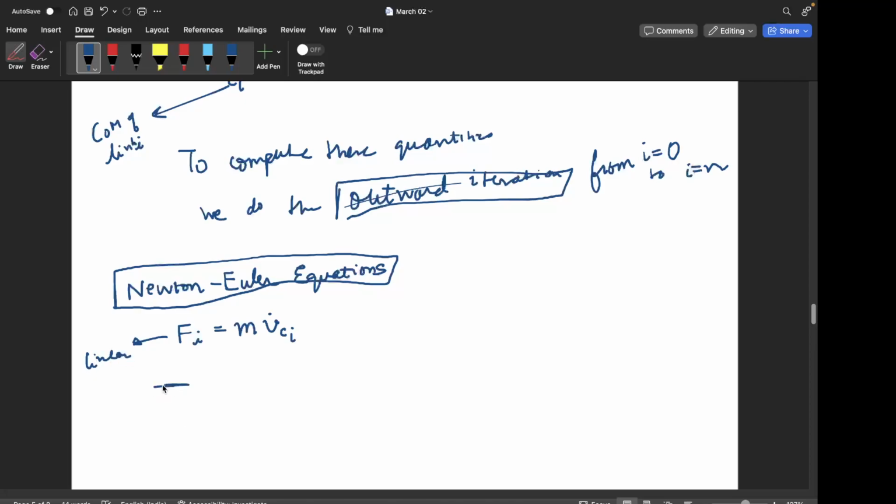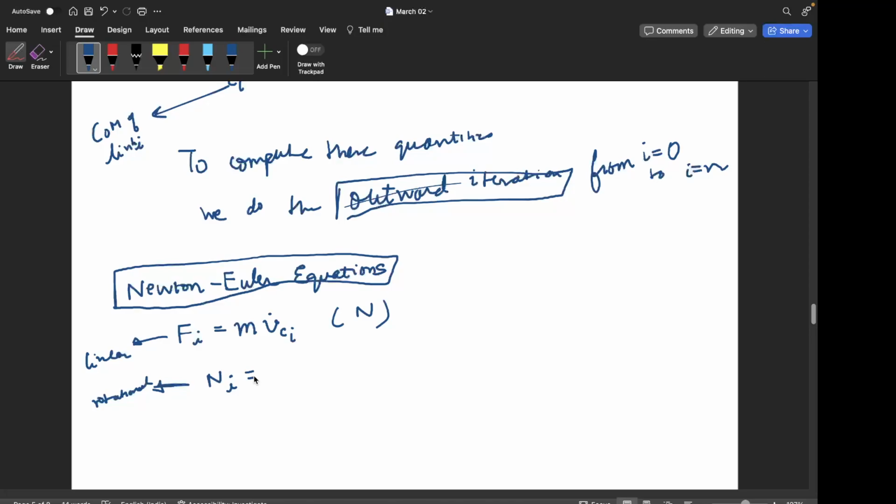And of course, since we are talking about rotations also, there has to be a rotational part also. That is the Euler. So this is Newton's, and Euler gave the rotation part, because Newton gave the theory for point masses, right? Newton gave all his laws and theories for point masses.